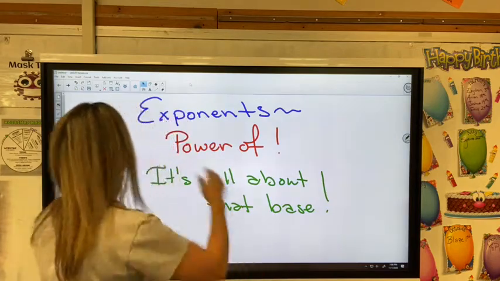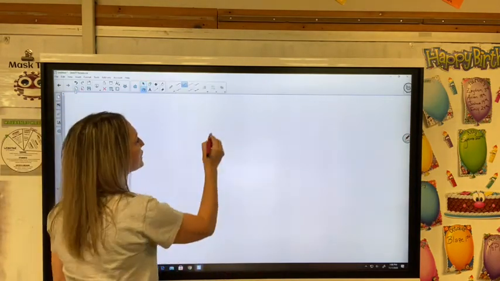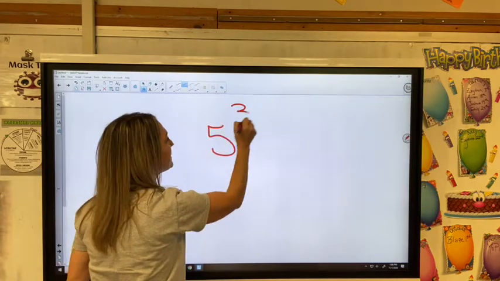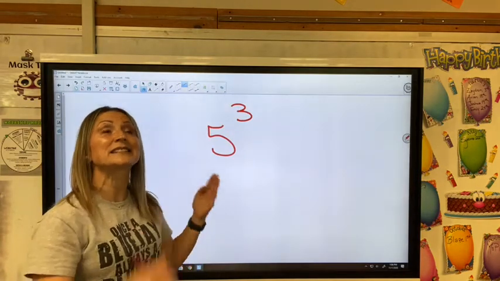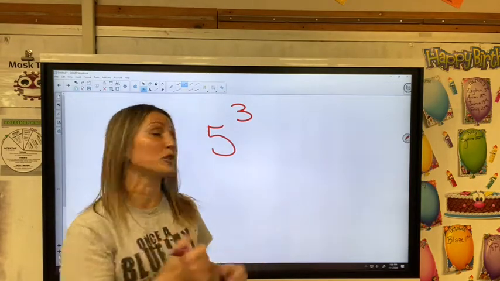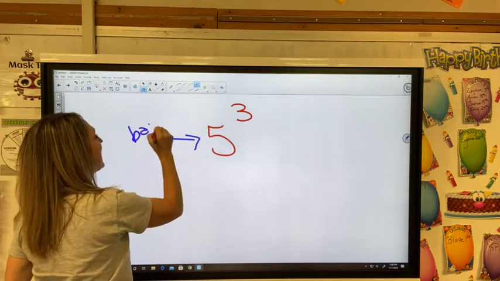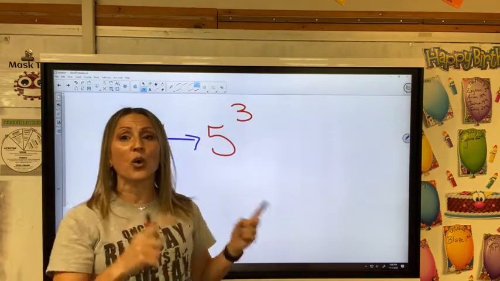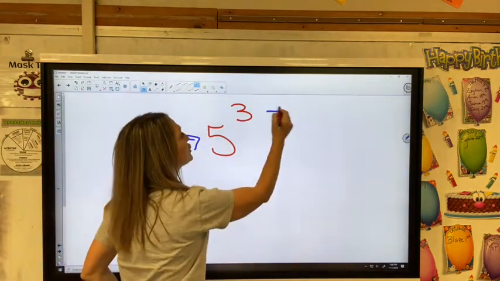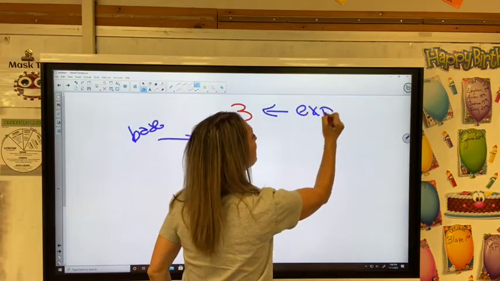If we look at an exponent, let's say 5 to the power of 3, this states that we are going to take 5 to the power of 3. This right here is the base. It's the number we're going to use to the power of 3, which is our exponent.